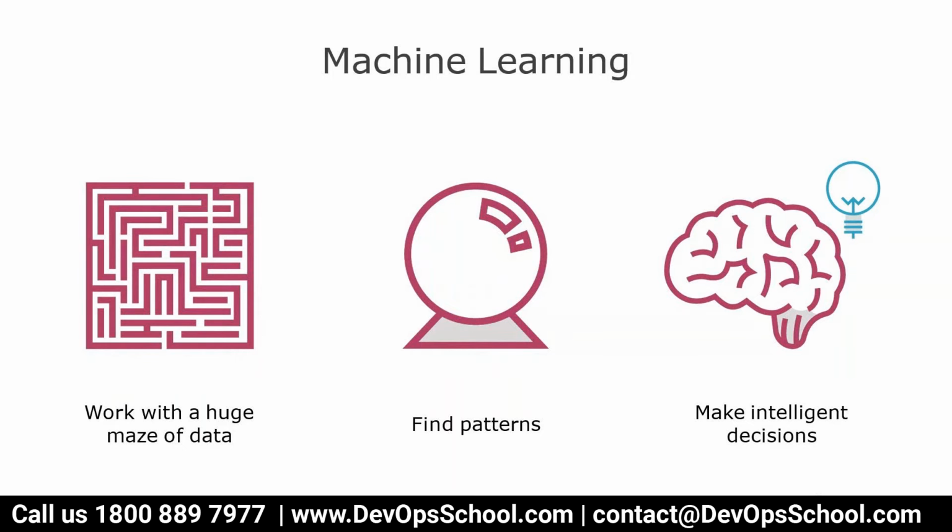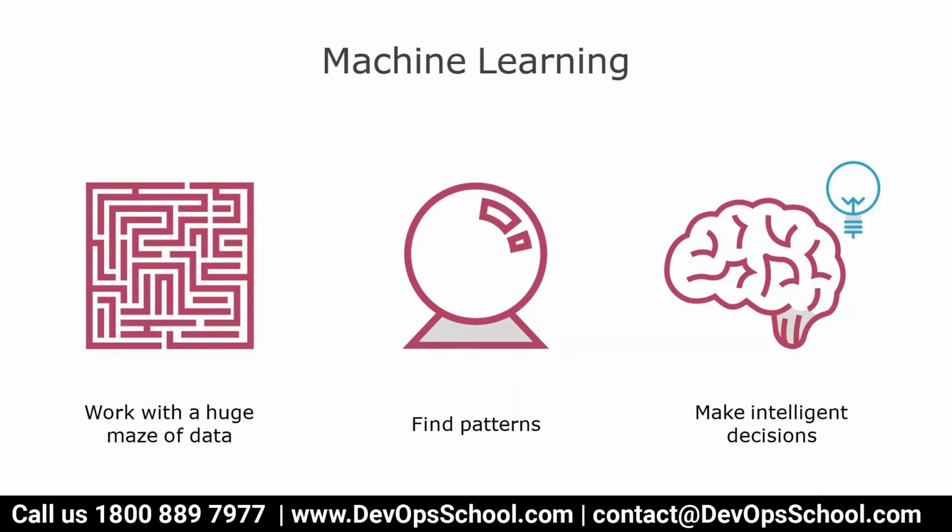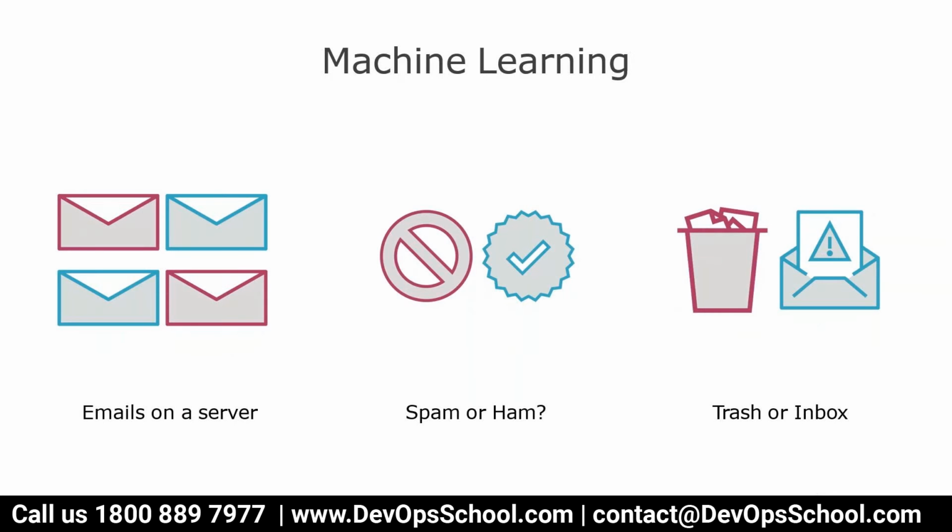For example, there are emails on the server, maybe 10,000 or 20,000 emails in your inbox, and you need to find out whether the emails are spam or ham. That is an algorithm you need to run. Based on the algorithm they will find a pattern, and then suggest an action, making intelligent decisions on whether you want to keep it in trash or in the inbox.